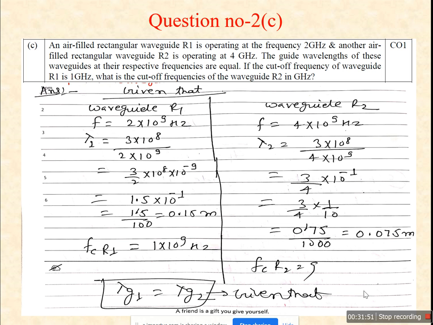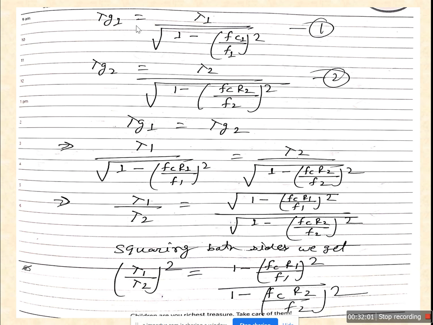This is the lambda 2. Here it is also mentioned that the guide wavelength of these waveguides at the respective frequency are equal. Now we know that the guided wavelength is related to the free space wavelength, using lambda 1 and fc1 upon the frequency given there.